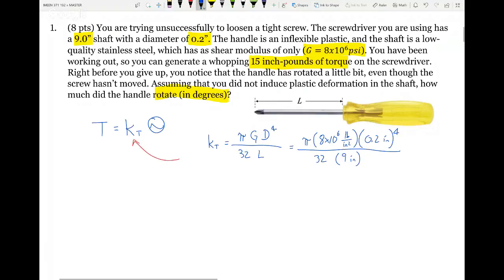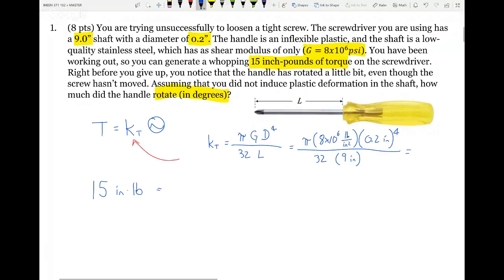Taking a look at the units, this is going to be pounds here, inches squared, inches to the 4th. There's another inches, so this is going to have units of pound-inches. Okay, let's plug this back into this equation now. The T we know, that is going to be 15 inch-pounds of torque.